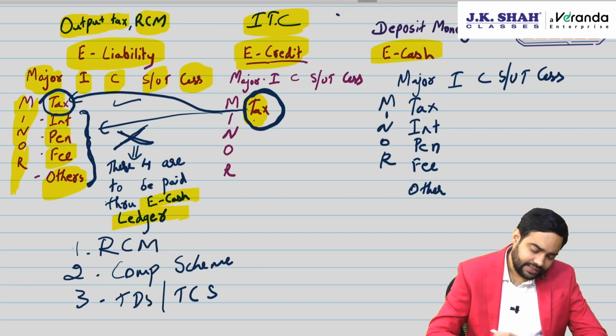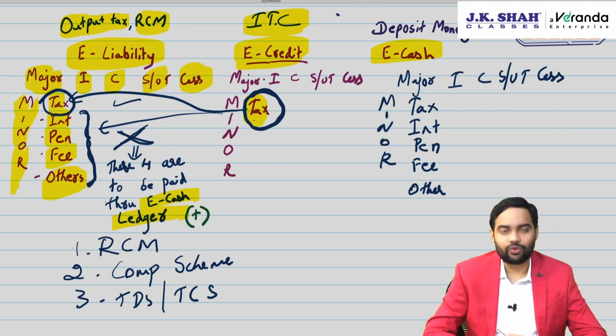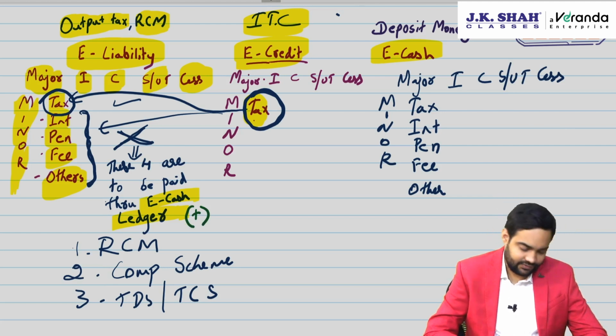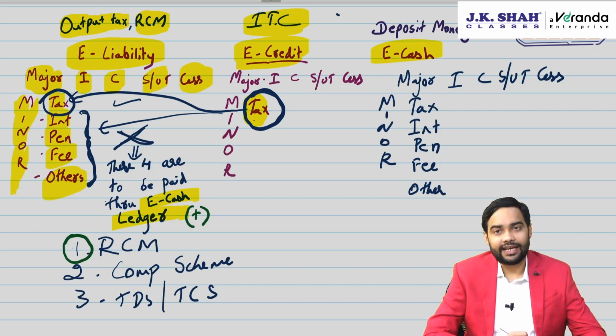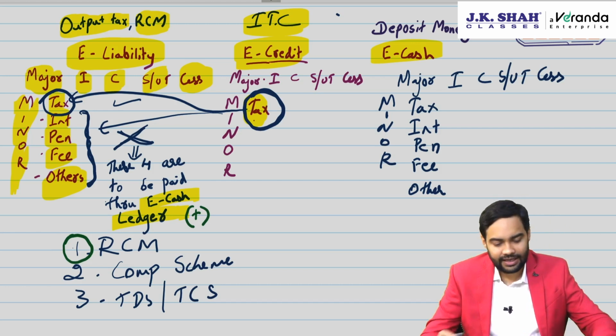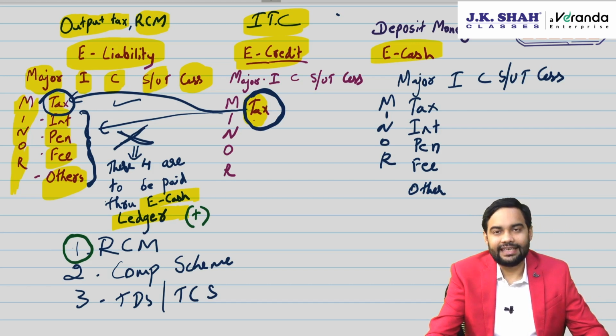Then there are three other amounts which are required to be paid only through e-cash. First one, RCM payable, because I cannot use ITC to pay RCM. RCM can be paid only through e-cash.